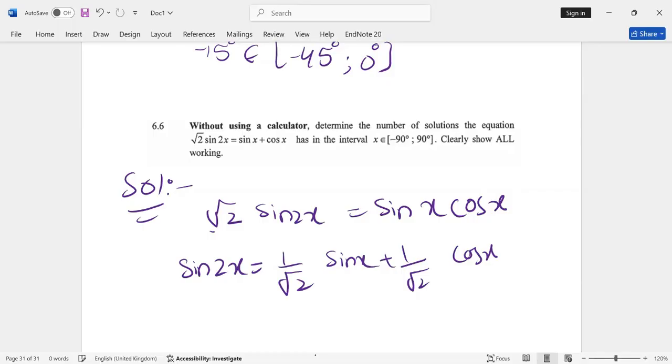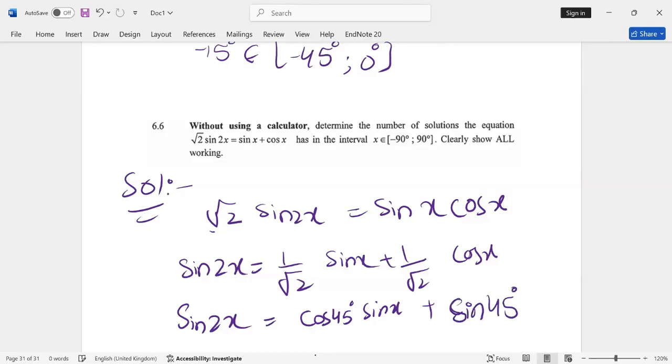And now we have the angles, okay? So sine 2x equals cos 45 degrees sine x plus sine 45 degrees cos x, okay?